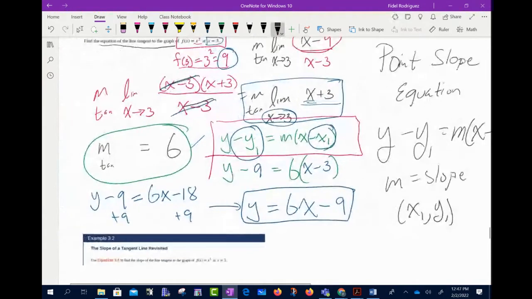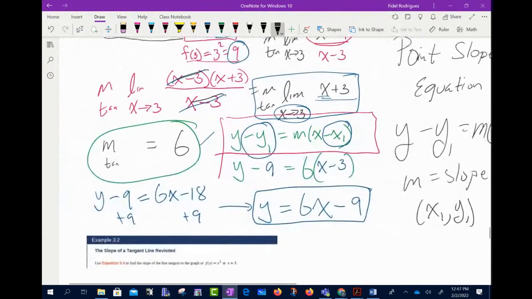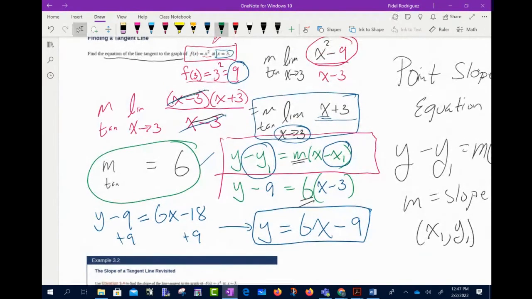Okay. So now my m is my 6, right? And I remember over here, John, when we plugged in 3, didn't we end up with 9? So really my point is (3, 9). So I'm putting the 9 where my y1 was, and I'm putting the 3 where my x1 was. And then we're going from there. Does that make more sense? Okay.